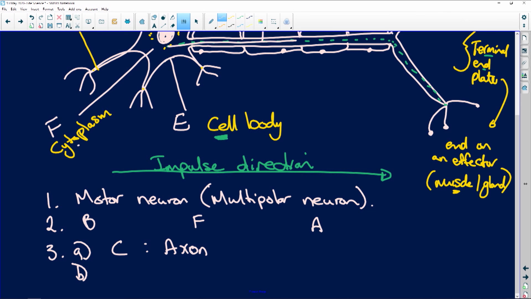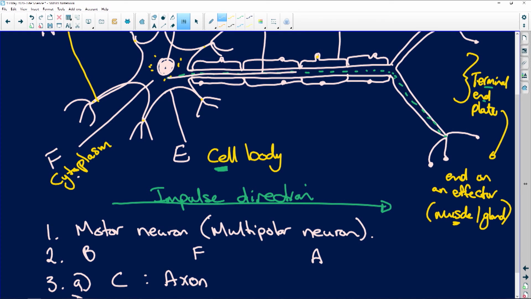Okay, and then B is insulates and speeds up the transmission of the impulses. Well, I told you that was done by the Schwann cells and this myelin sheath that sits around.